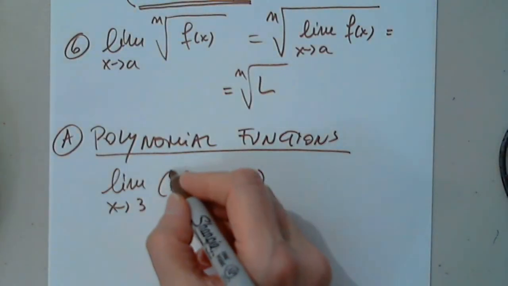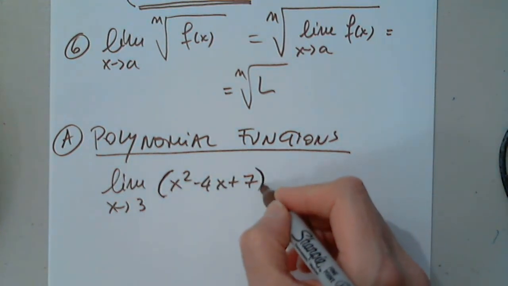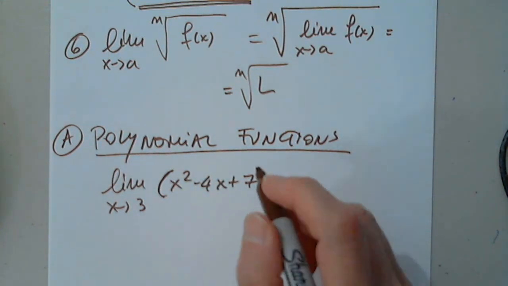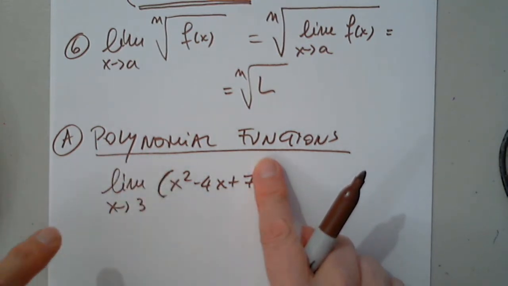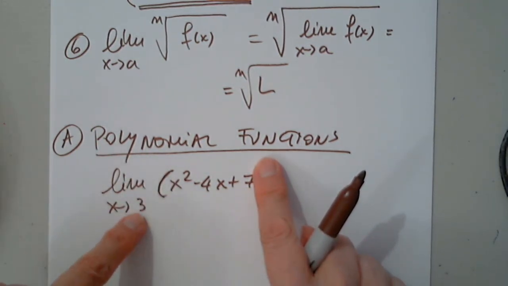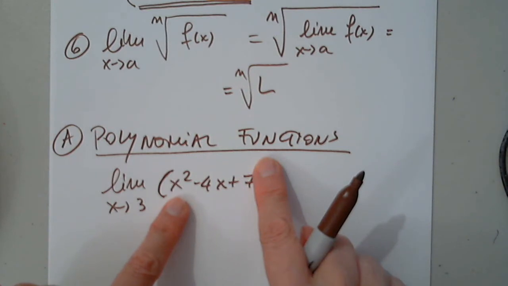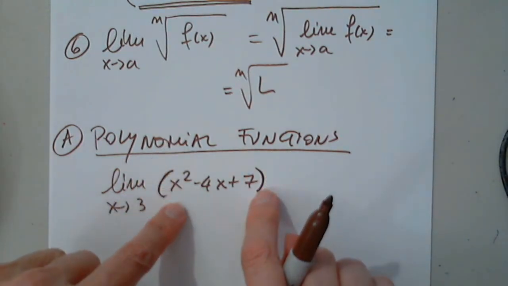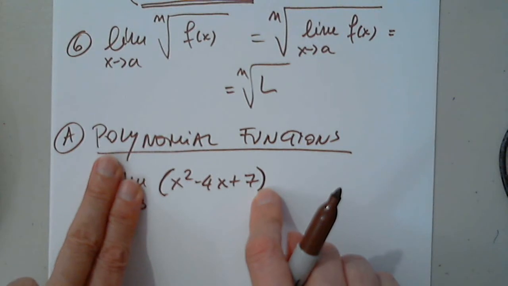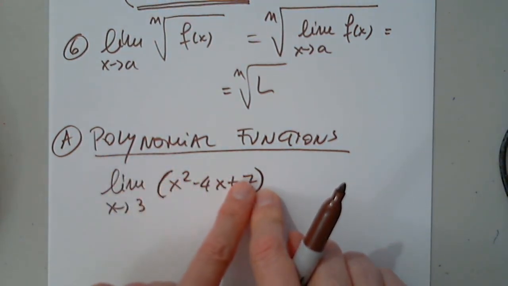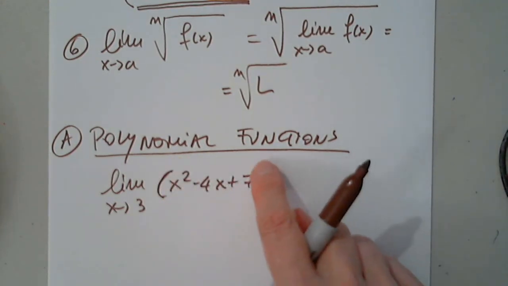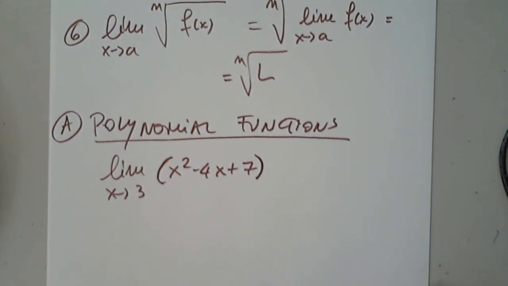Okay. So notice that I have to have the polynomial in parentheses. If you omit parentheses, it only says that you're calculating the limit as x approaches 3 of x squared. If you put parentheses, then it means they are calculating the limit of the entire function, the entire polynomial. So please understand, parentheses are mandatory here.